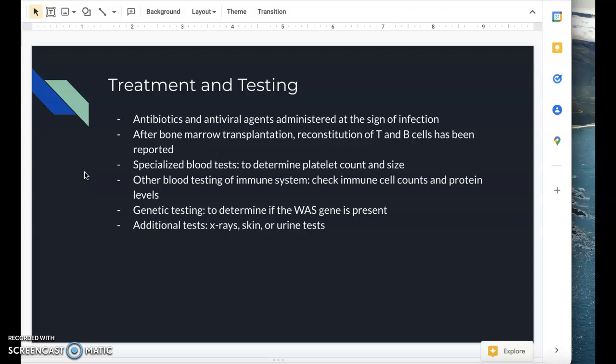Genetic testing can be done in the parents to determine if the WAS gene is present, and this will help the parents determine if they want to have more children, what the probability of having another child affected by this syndrome would be, and just how to further plan if they want to have more children. And there's additional testing, just x-rays, skin or urine tests, just to see if there's any lung infection, skin infection, or any other infection in the body.